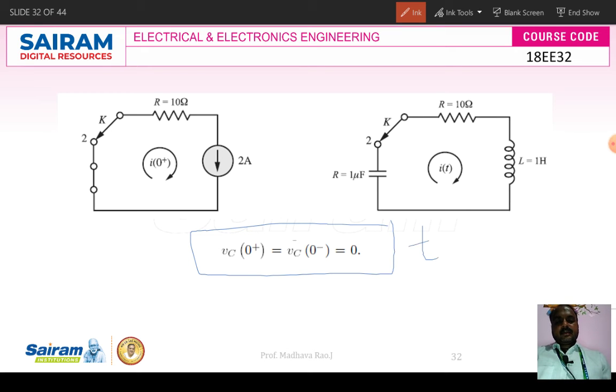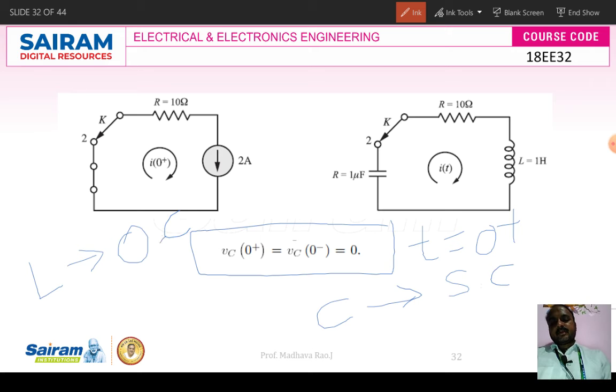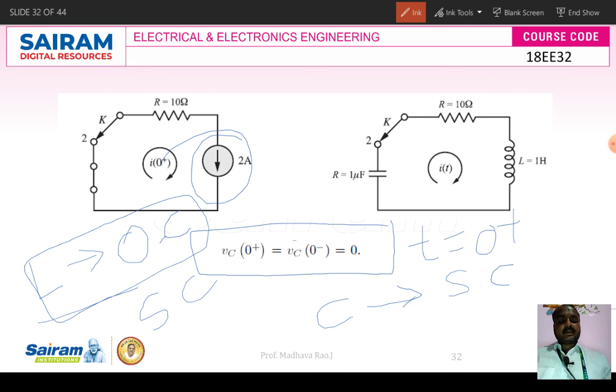At t is equal to 0 plus, capacitor C acts as a short circuit, and the inductor acts as an open circuit. But when steady state is reached at t is equal to infinity, the inductor acts as a short circuit, so the current flowing through the inductor will be 2 amperes.